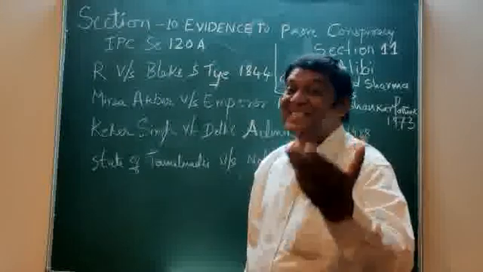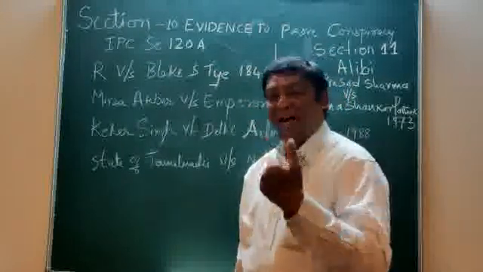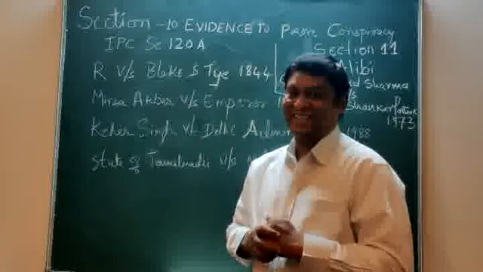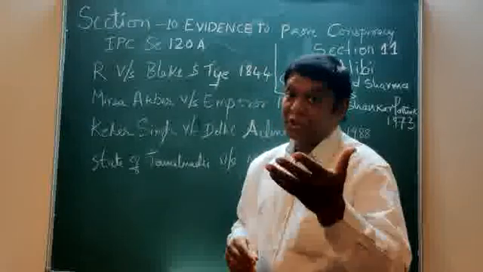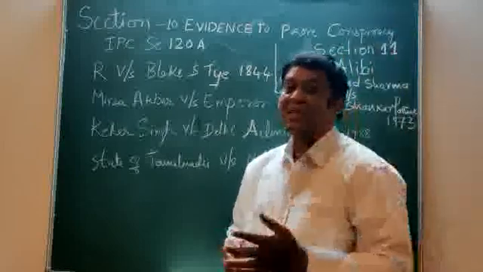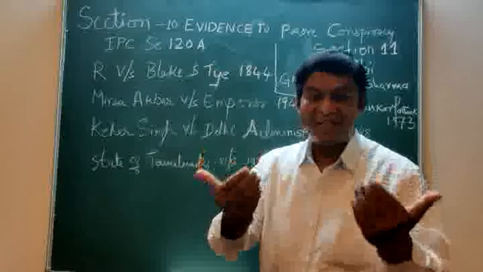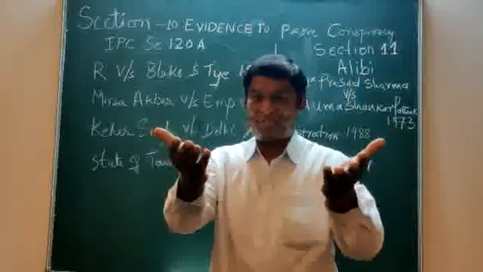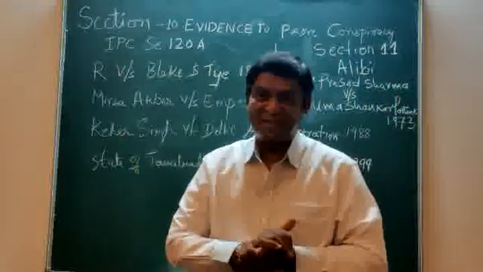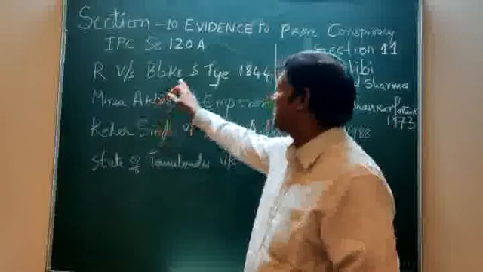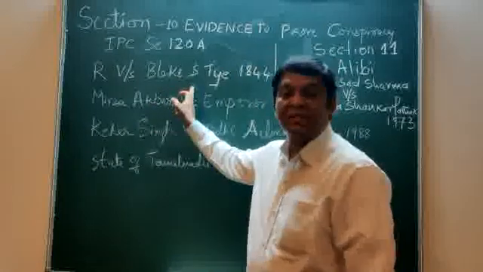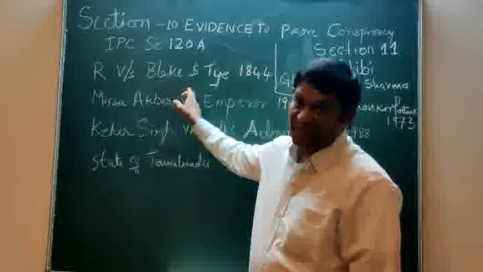When this document fell into the hands of the authority and was produced before the court, the court accepted it as a valid proof of conspiracy. Both of them were convicted for cheating the government.